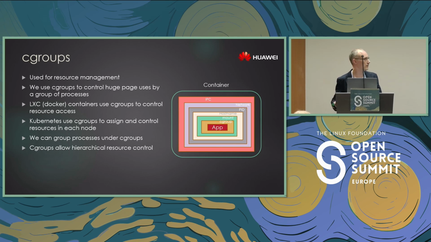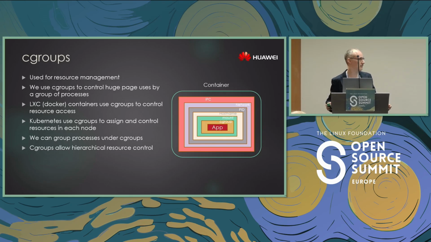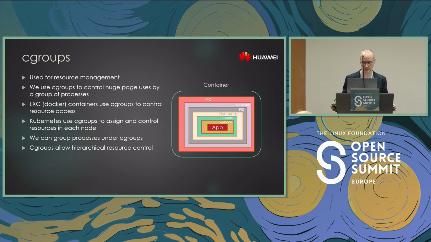A little bit about C groups. What you have on the right is a container. The mount, hostname, PID, and so on are namespaces. This is a normal LXC container technology, so I'm not going to get into hypervisors.